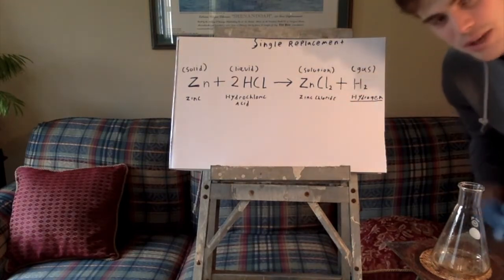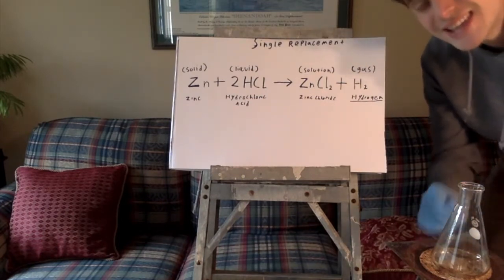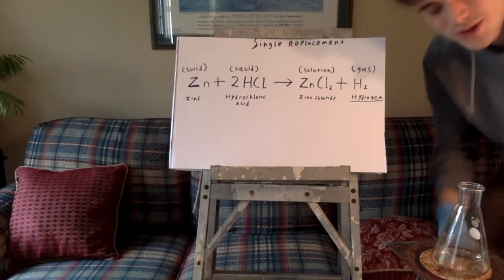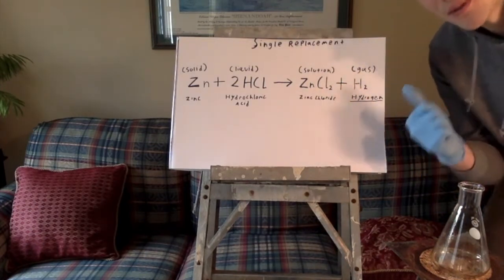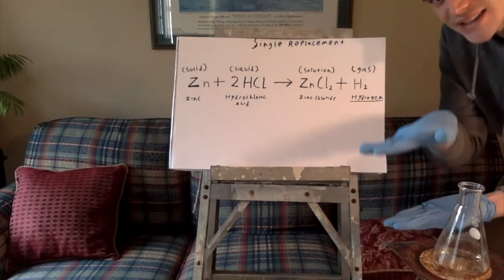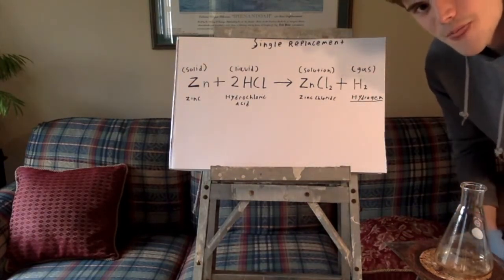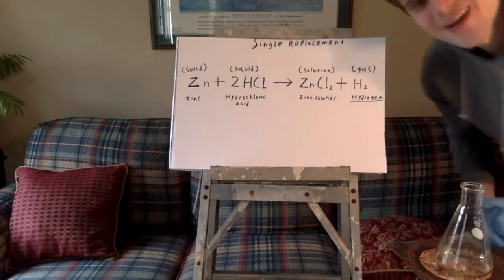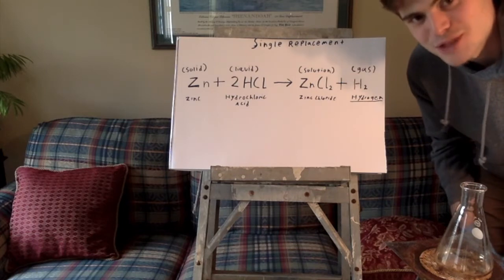Now, if you remember from the beginning, I mentioned that hydrogen gas is the lightest element. It is the lightest thing in the whole universe. So we're going to try to capture that hydrogen gas as it tries to float up out of our beaker here. And also, if you remember, hydrogen is incredibly reactive, incredibly explosive.